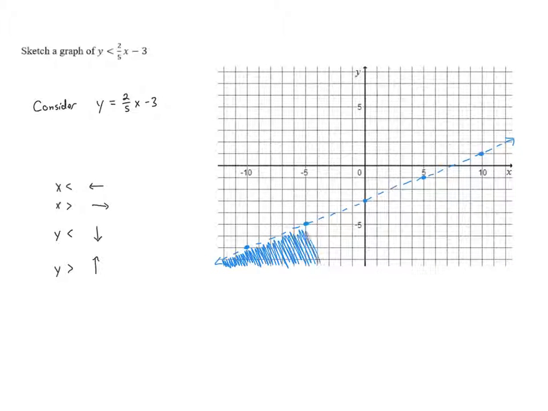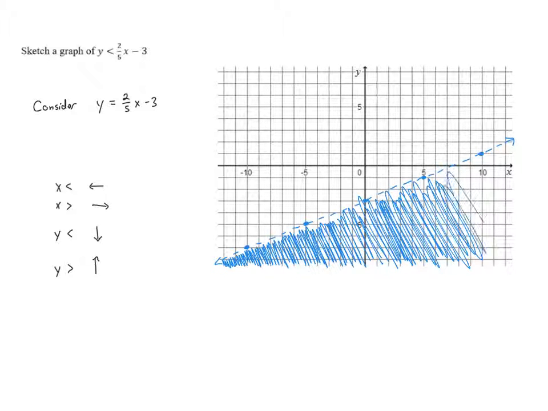So I'm going to shade in that whole half of the plane, everything below that line. It's going to take me a moment because I want to do this nicely. Not that my squiggles are perfect by any means, but I really want to shade in as much of that area as I can.